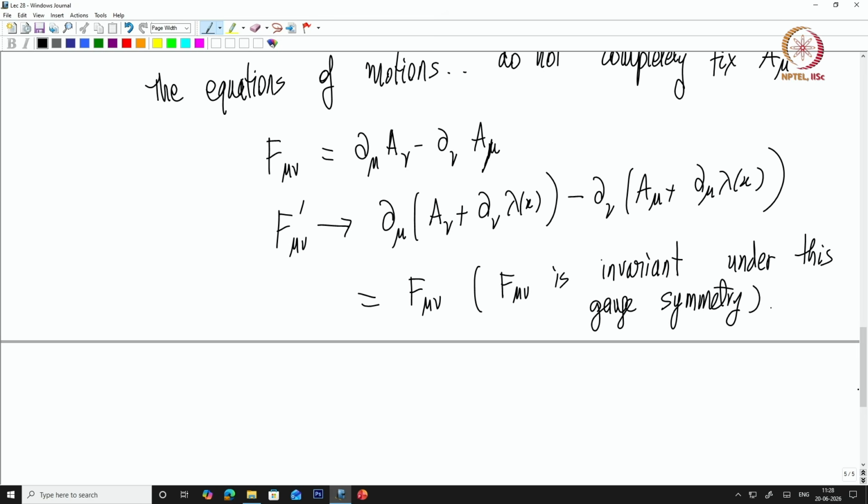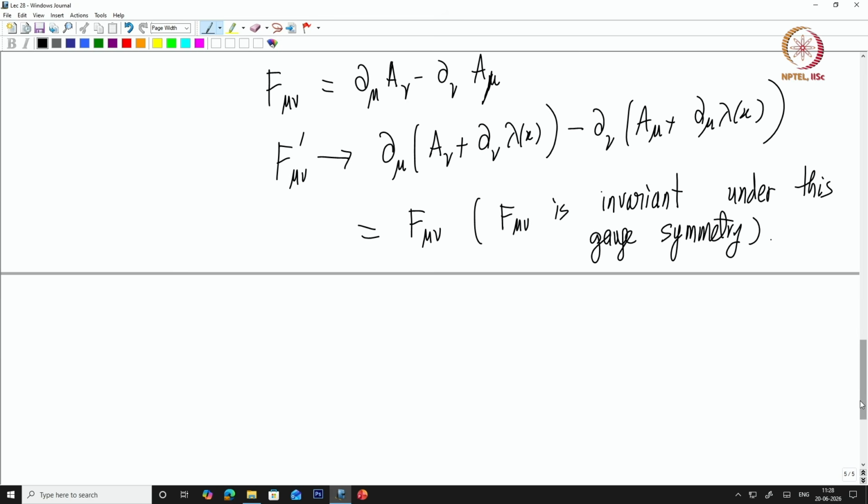To be more accurate, what we should say is that A mu and A mu plus del mu lambda of x represent identical states.